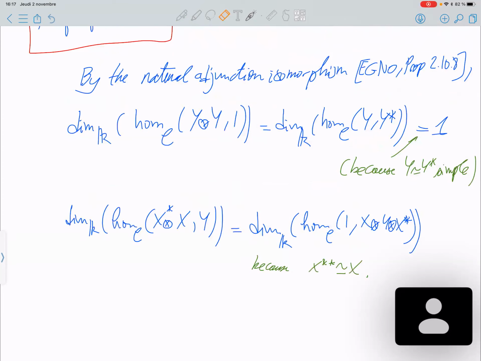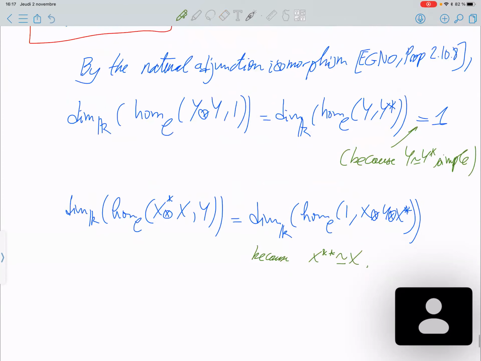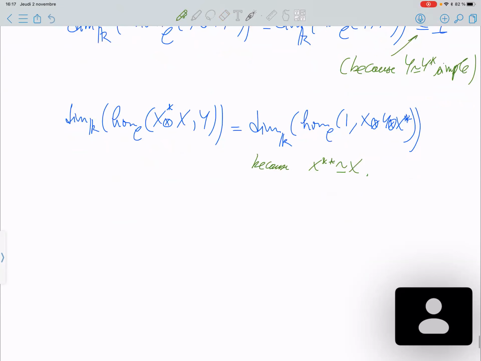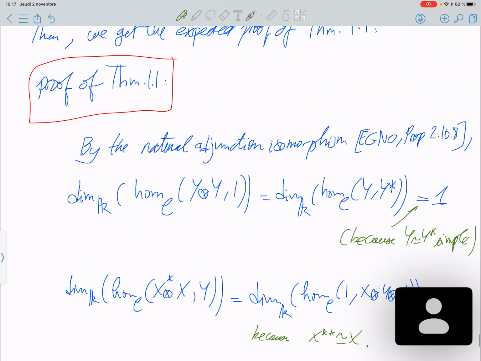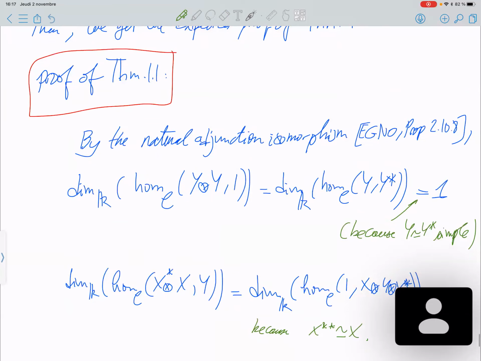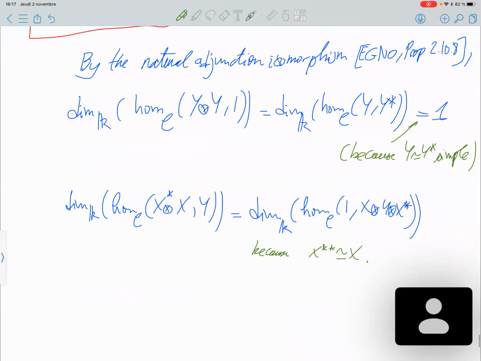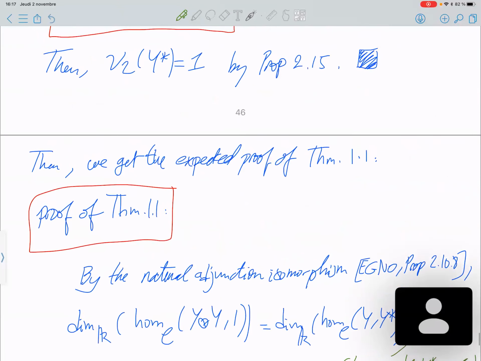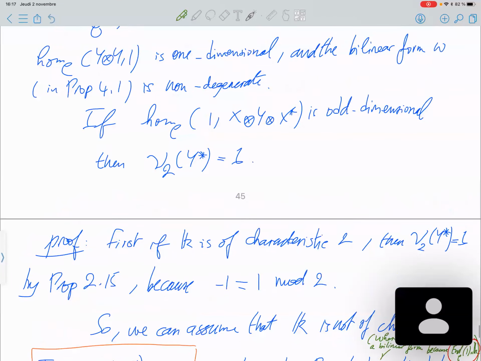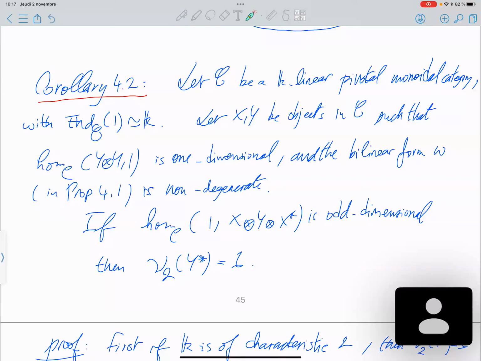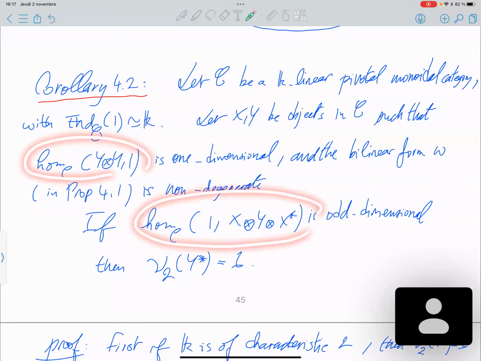Now, in fact, what we get in the previous corollary, right here, you have this and this.